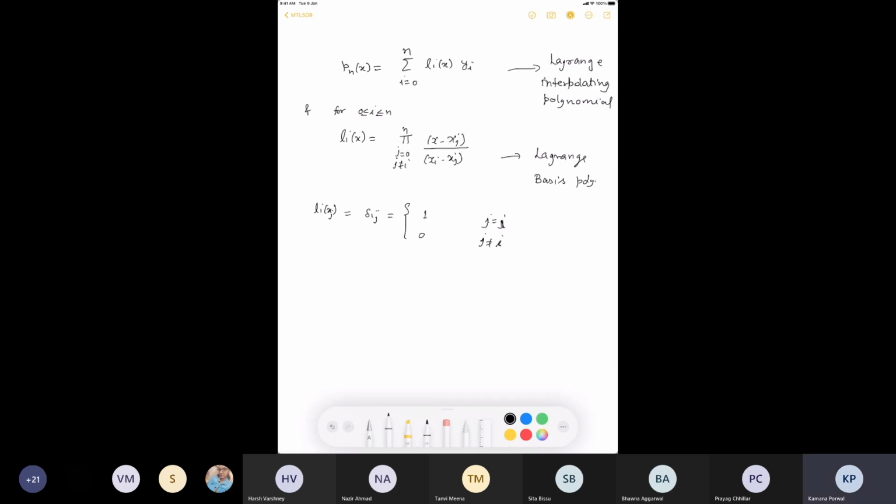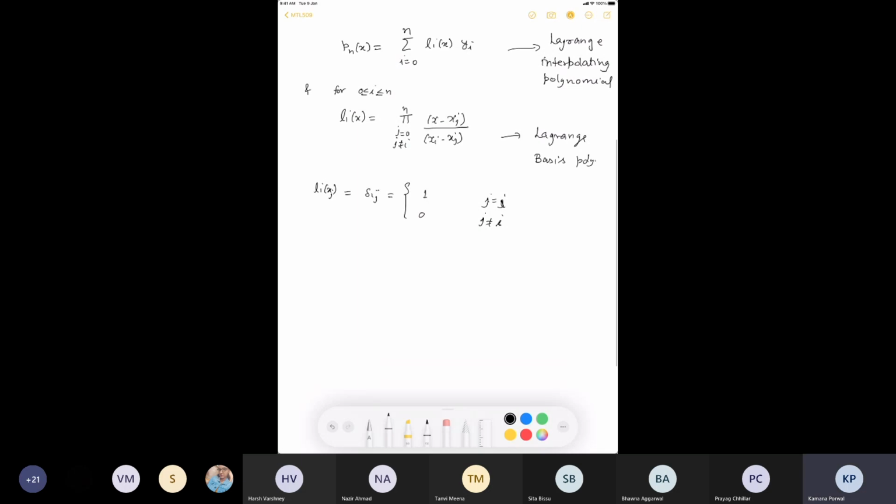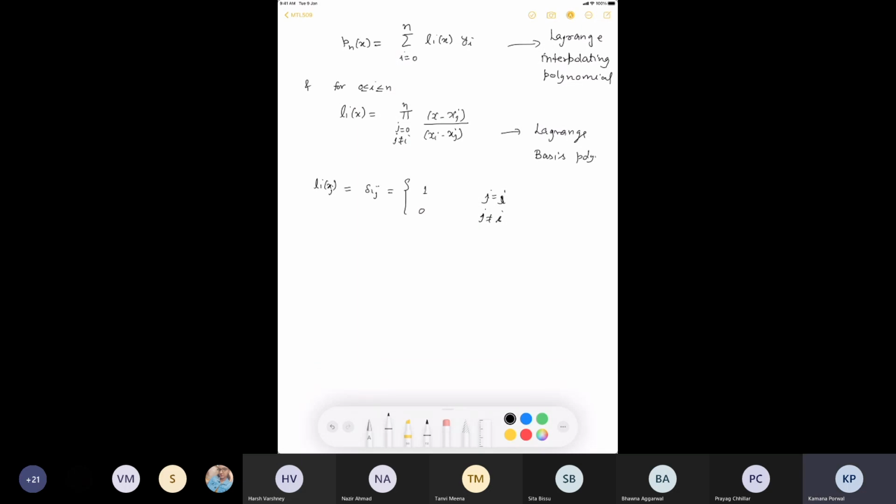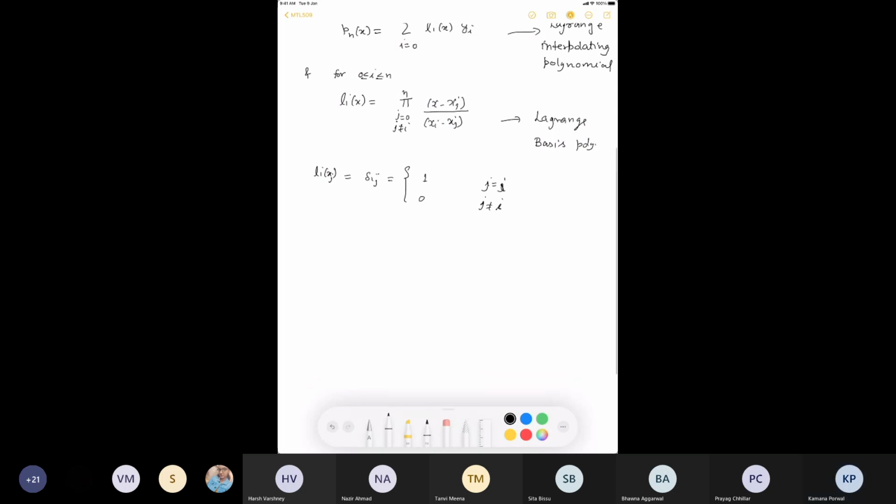Because when you substitute xj, x minus xj is a factor there for j not equal to i, so Li(xj) will be 0. And when you substitute xi in Li(x), the numerator and denominator are the same, so you get 1. This is a very important property of these Lagrange basis polynomials. We will exploit this as we proceed further.